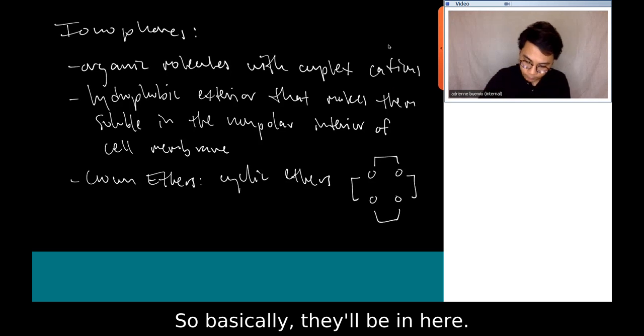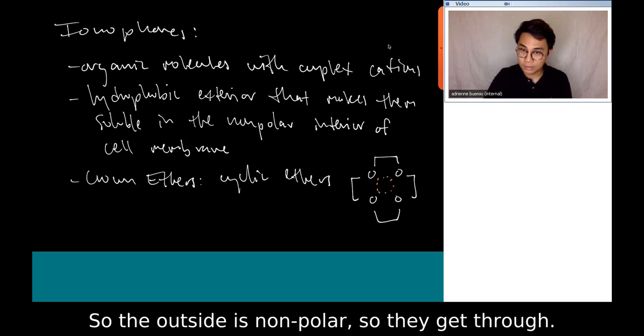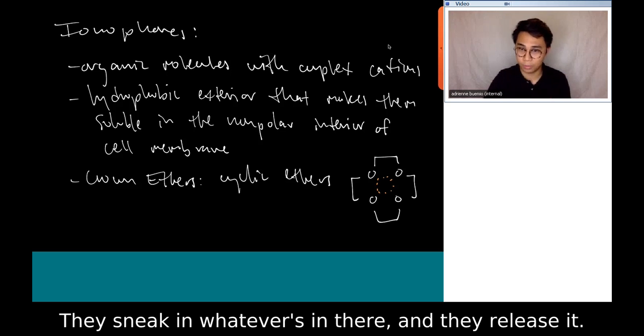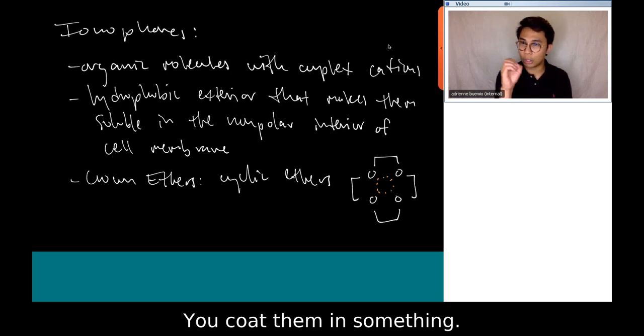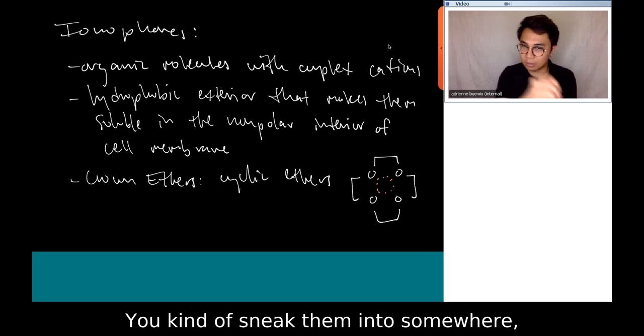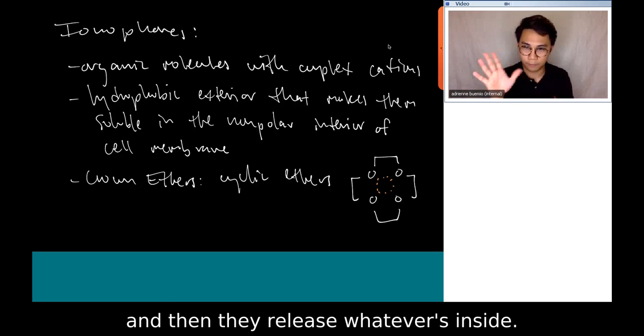So basically, something will be in here, right? So the outside is nonpolar, right? So they get through, they sneak in whatever's in there, and they release it, right? So it's kind of like what drugs do. You coat them in something to sneak them into somewhere, and then they release whatever's inside, right?